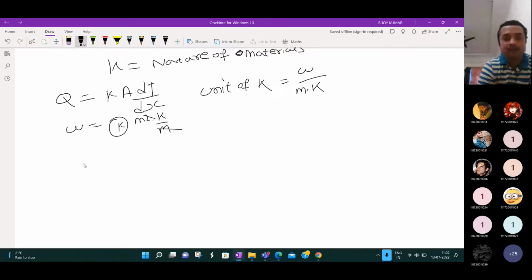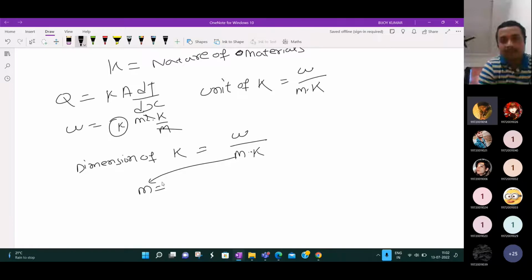Next, what is the dimension of K? We have the unit watt per meter Kelvin, so let us write one by one. What is the dimension for meter?